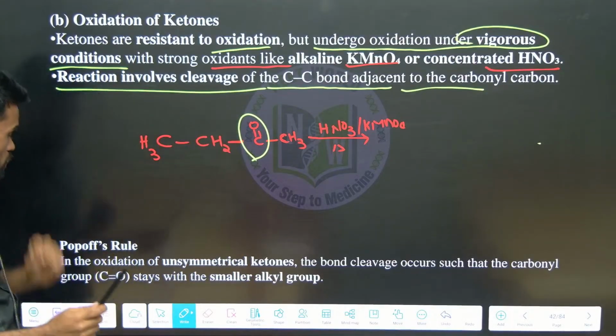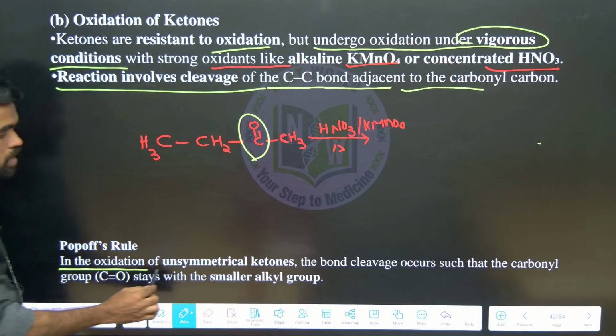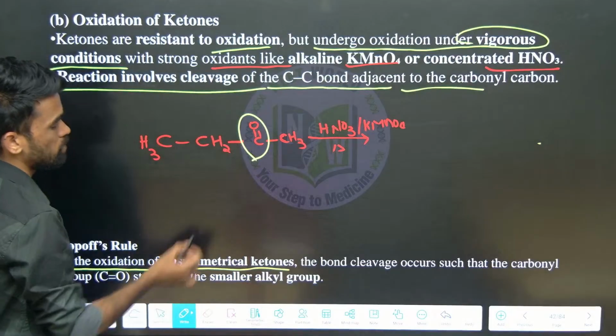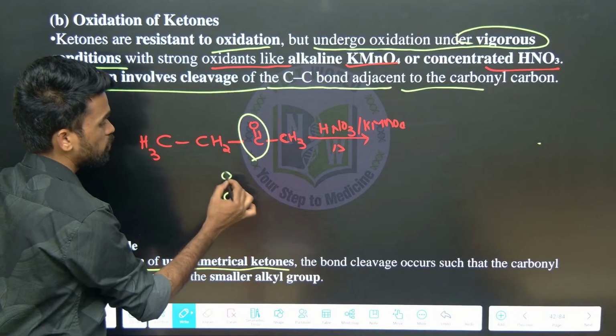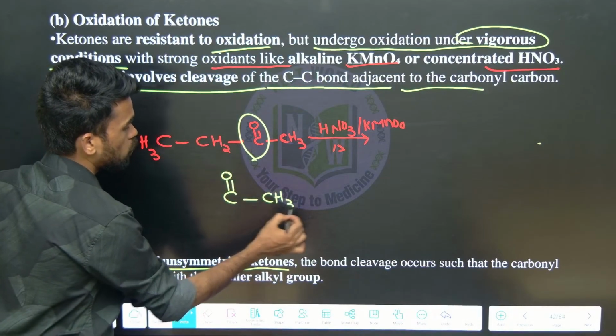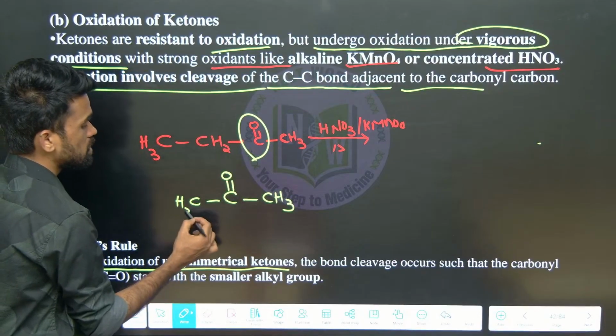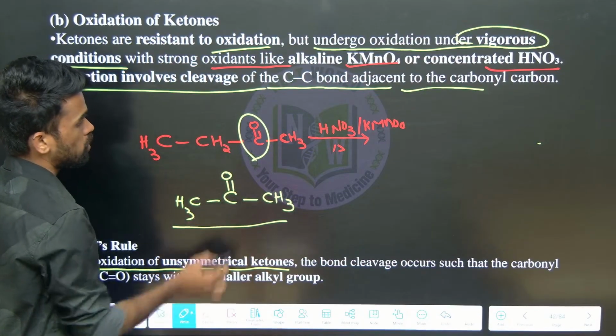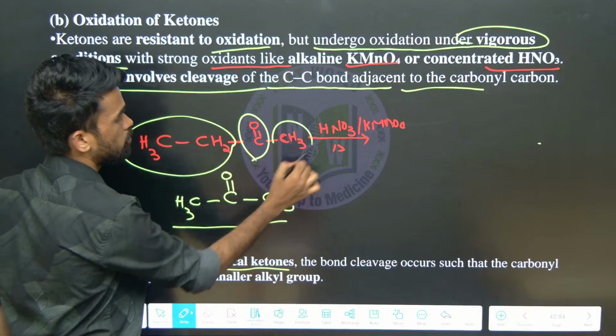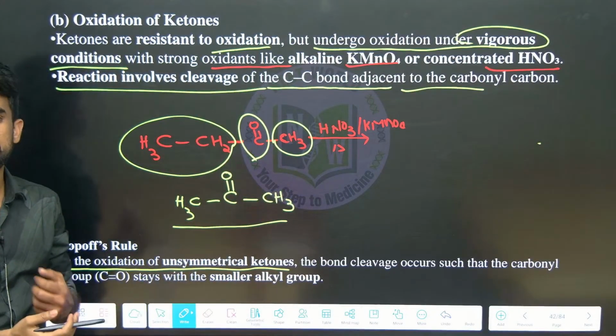Remember, in the oxidation of unsymmetrical ketones, what do we mean by symmetrical and unsymmetrical? If the alkyl groups attached on both sides are the same, it is symmetrical. But if this side is ethyl and this side is methyl, it becomes an unsymmetrical ketone.